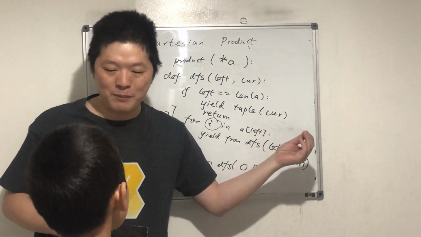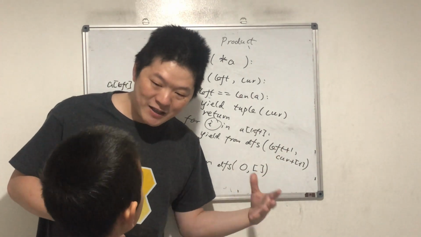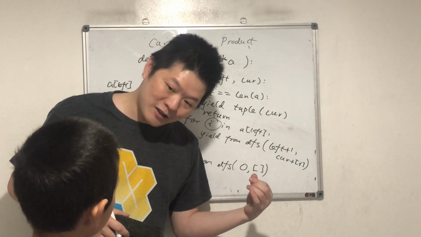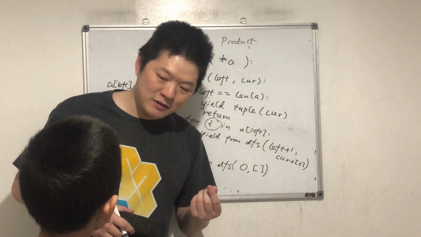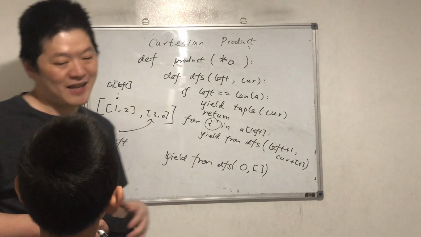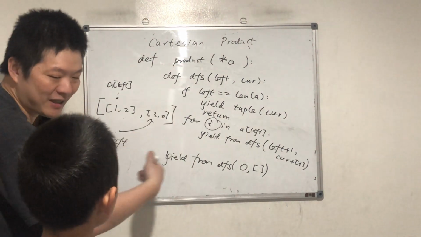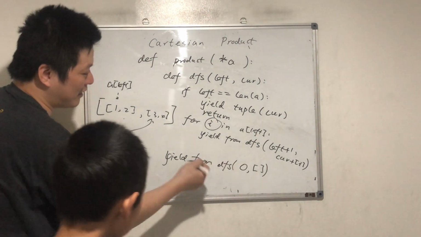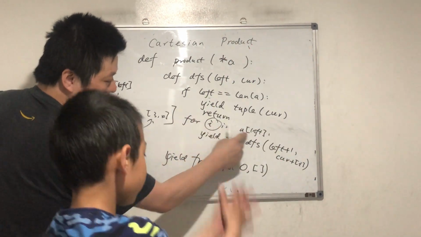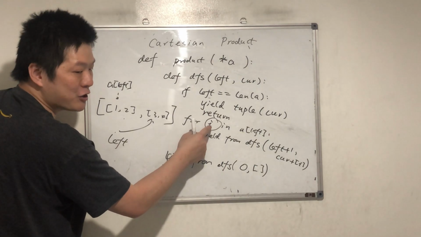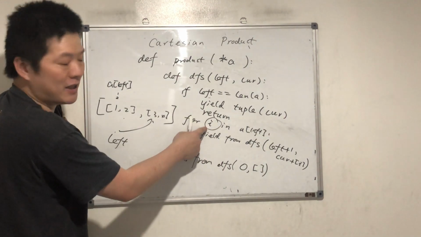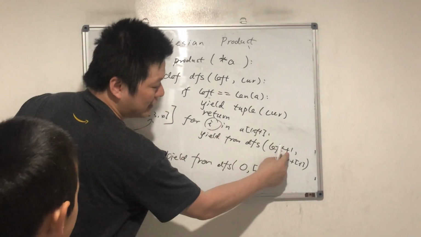Here we choose the I for the current element, and then we try to put the next one. Remember we talked about this combination, right? Combination thingy. Do you still remember? 3 apples picking 2 apples. I think it's a C. How many ways of putting it, right? But it's the same thing. For this one, I can pick all the elements in the left. I, that's the current choice. Once I make sure the current choice, I go to the next one, right?